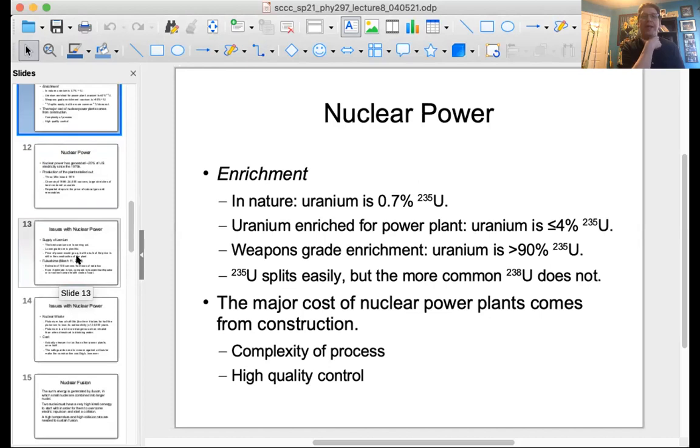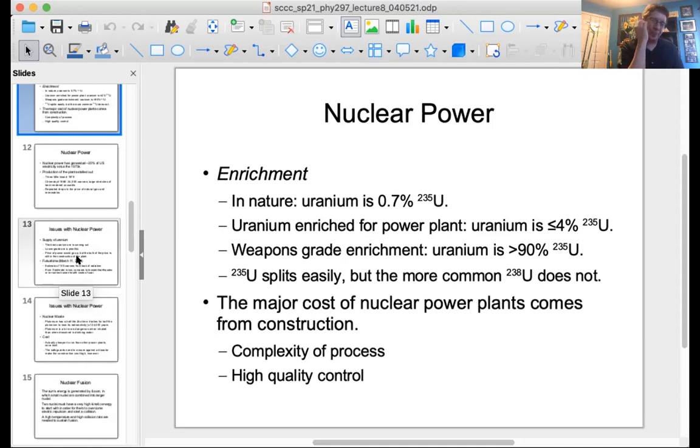For a power plant, you enrich the uranium, meaning you filter out enough of the less desirable uranium so that you have on the order of 4% uranium-235 in the fuel. If you're talking about fuel for a weapon, uranium is about 90% uranium-235.